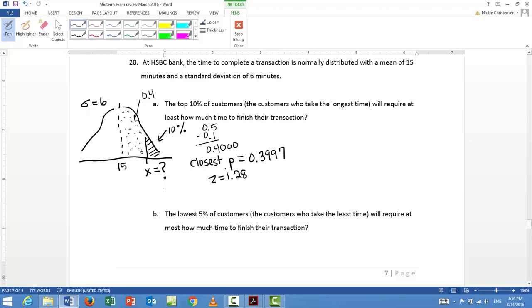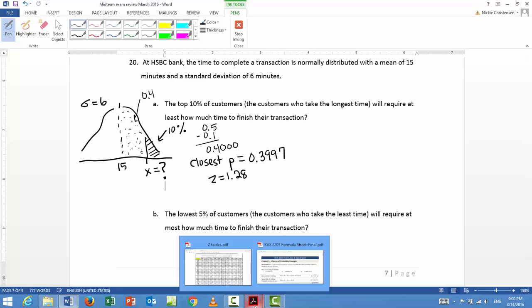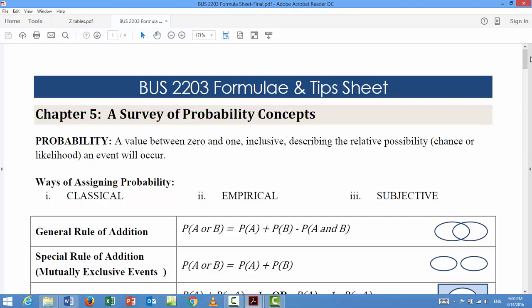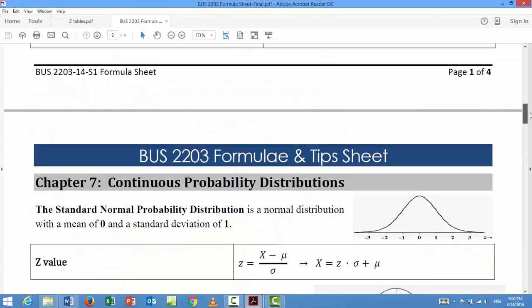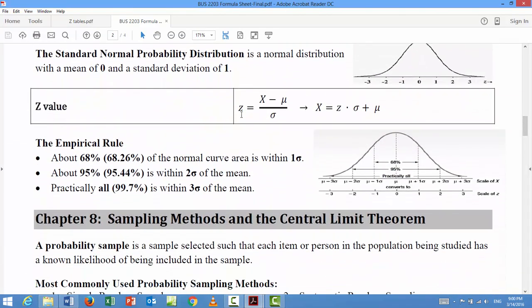Okay? Now I'm not done because the question wants me to find this x value. Okay, I've found the z value. Now I've got to change that to an x value. And the formula that we're going to use is on the formula sheet. Okay? It's here.